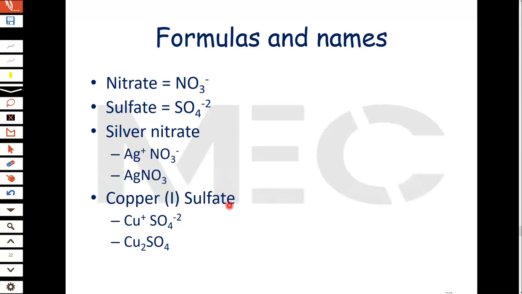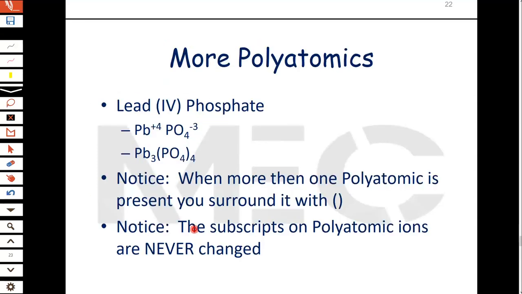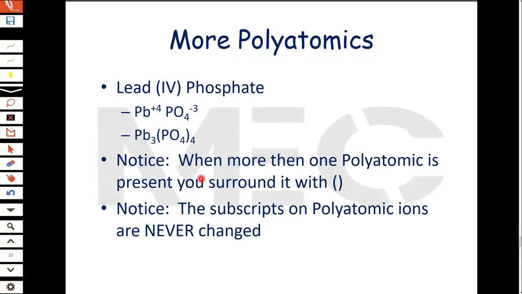Copper 1 sulfate: copper 1 and sulfate here, so we need a subscript of 2 for copper so that this formula unit is neutral. Lead 4 phosphate is another example. Lead 4 is Pb 4 plus and phosphate is PO4 3 minus.